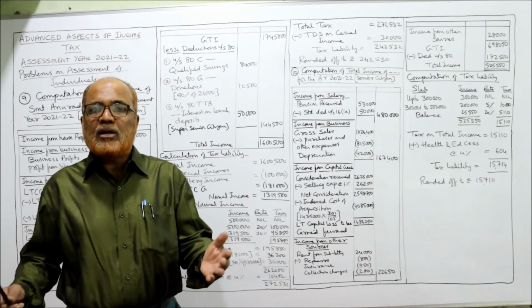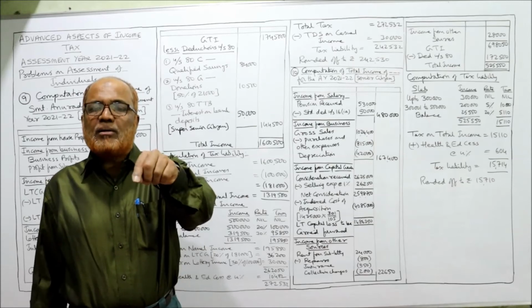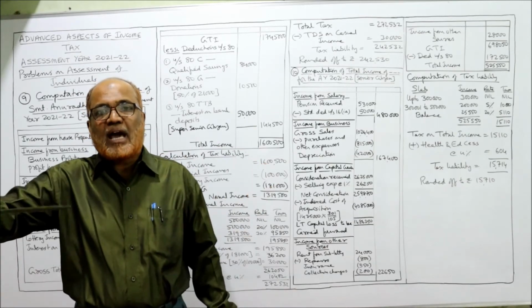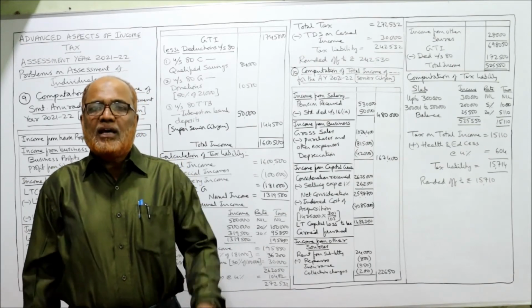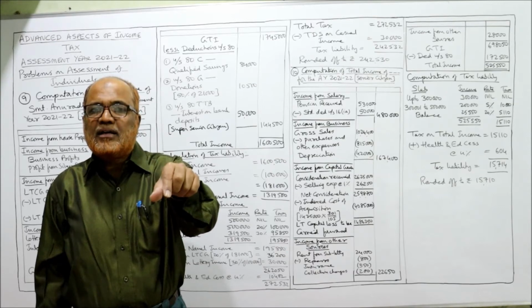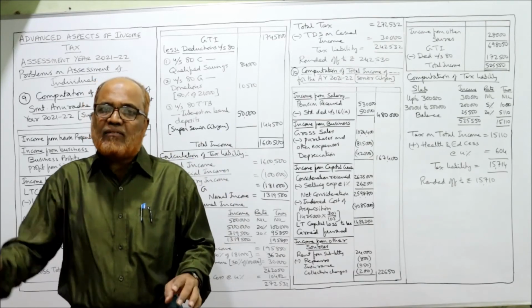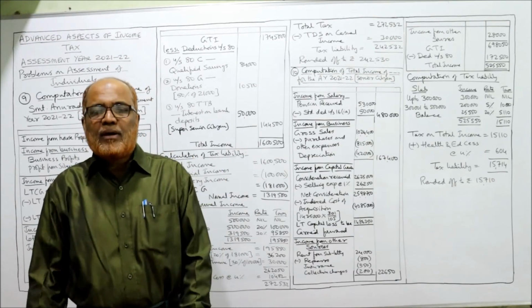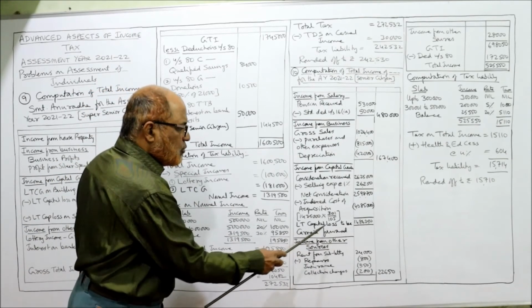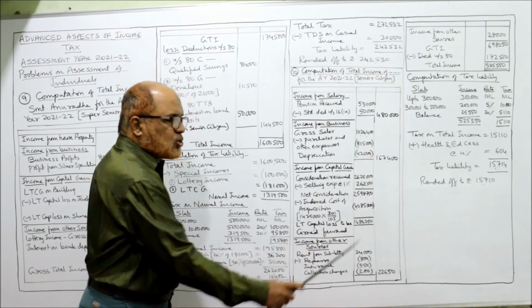This long-term capital loss cannot be set off from other incomes. It should be carried forward to the next year. In the next year, if there is long-term capital gain, this can be set off. Otherwise, again it can be carried forward. This is the provision. So here simply you write down long-term capital loss to be carried forward 14,86,250.